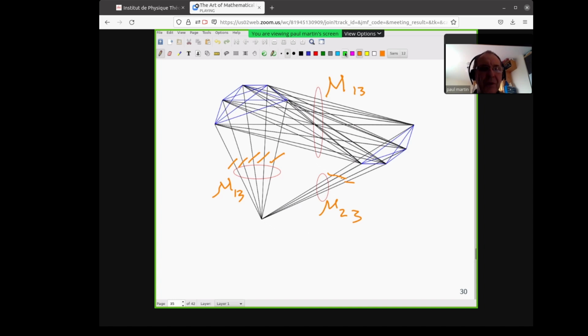We have the county partitions, maybe something like this. And the total order, if you like.